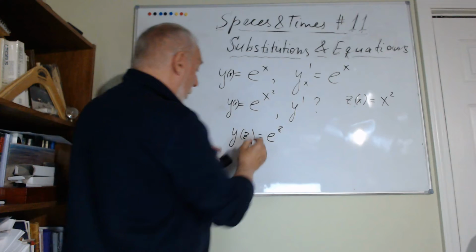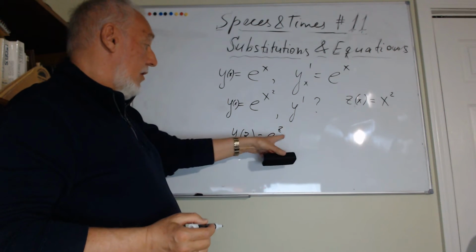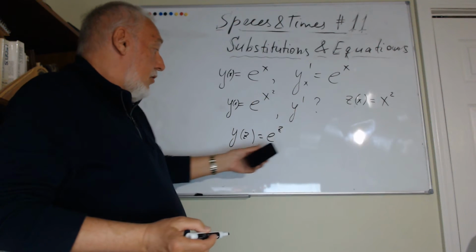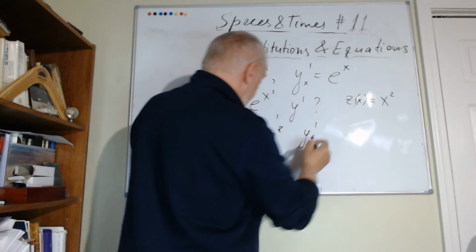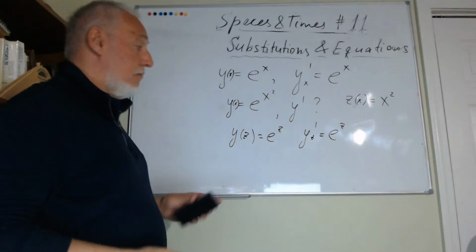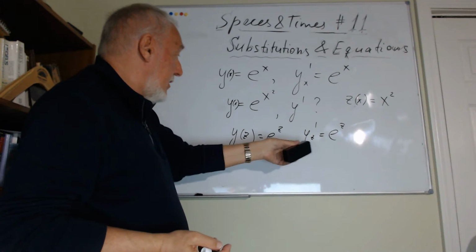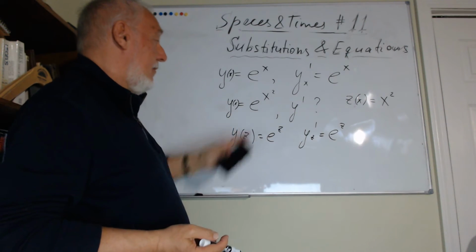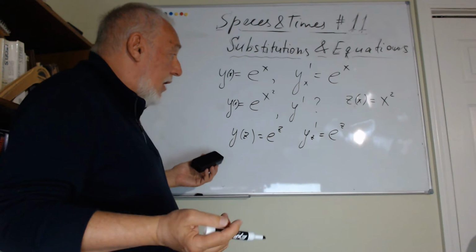So y becomes a function of z, and z is the new argument. We can calculate the derivative of this easily, right? The derivative by z is the same, e to the power of z. But we don't need this. We need this, right?